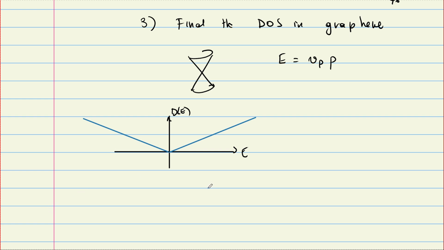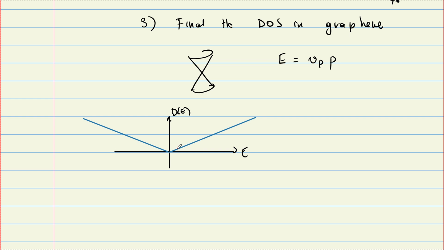Compare this with the usual quadratic case, where we only have positive energies and it was flat. Now imagine putting these electrons in the Landau level, right?